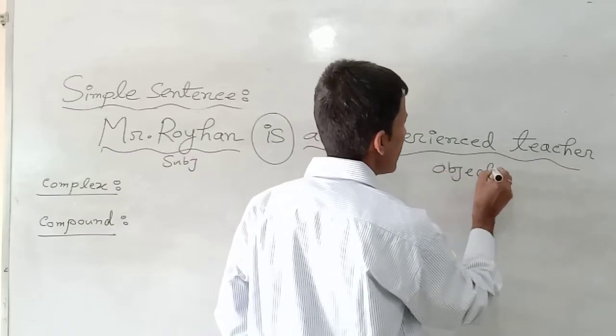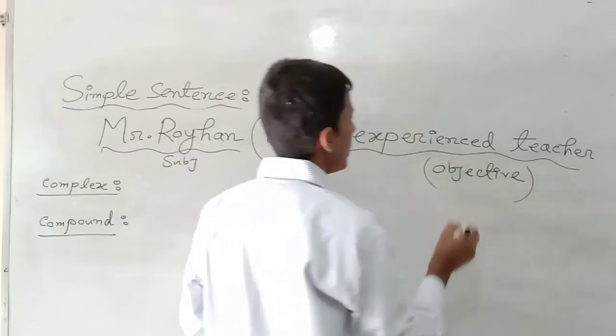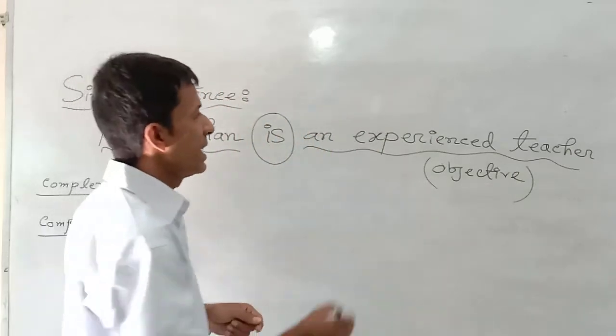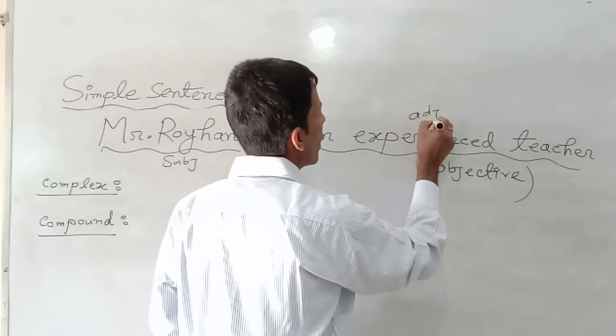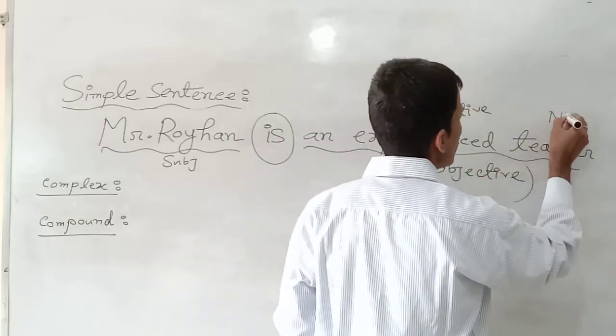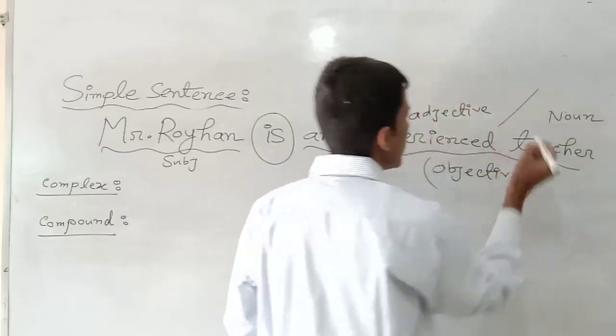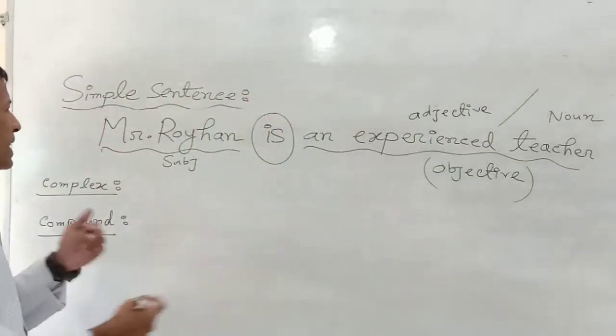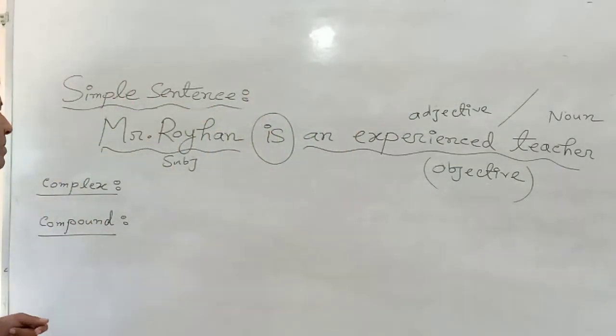This objective case is divided into two parts. One is adjective, and in the next part, teacher is noun. These two parts of speech will have to be divided in the complex sentence.